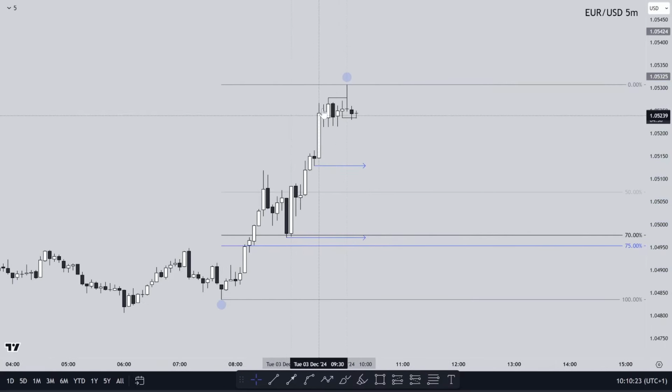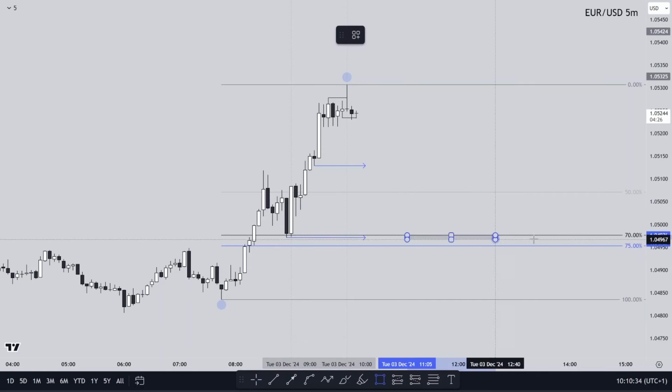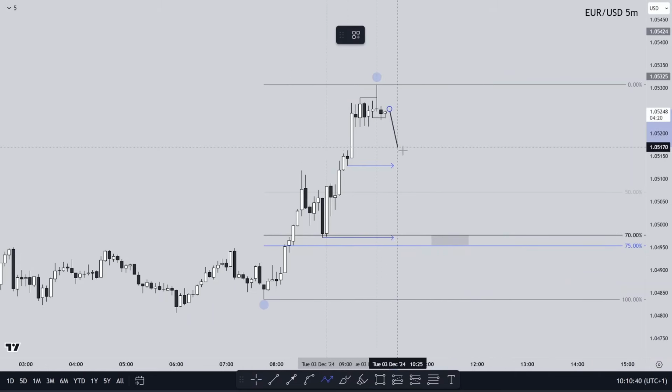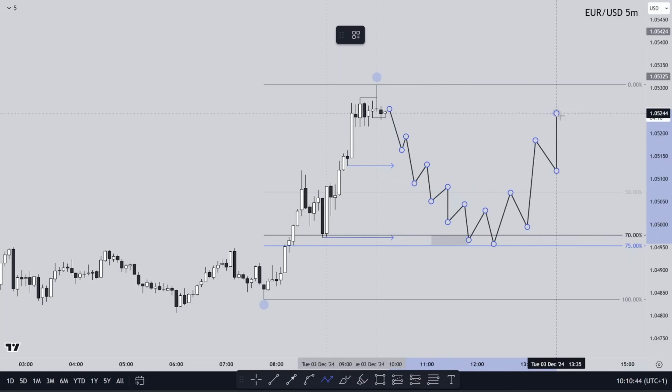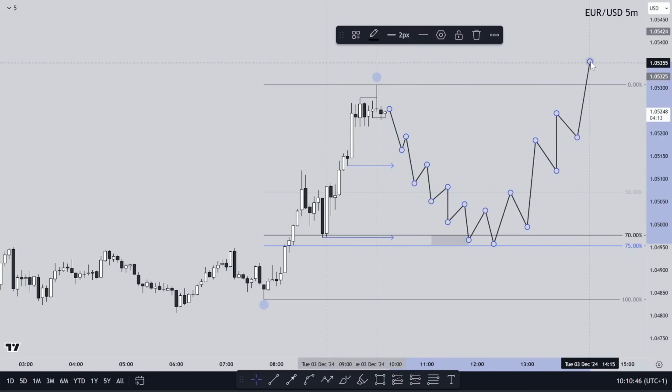I can expect a retracement at least to this level. Better to take out liquidity on this minimum, and this is the discount zone, so this is a very good level to again go long on the asset according to the bias and to the main structure on the higher time frame.